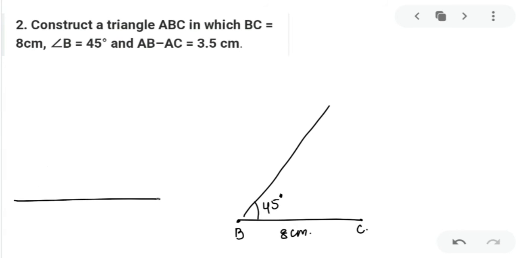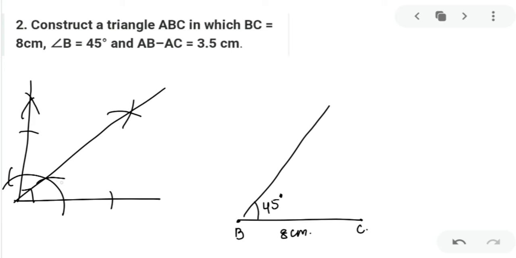Those who do not know how to make 45, for them, this is 90 degrees and the bisector of 90 degrees is 45. If you still do not know, you can watch my previous video. So this is 45. Once you got 45, now the next point is AB minus AC is 3.5.